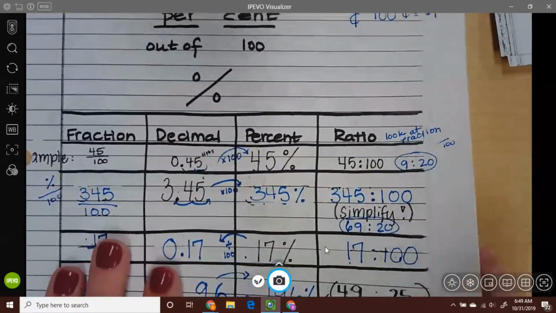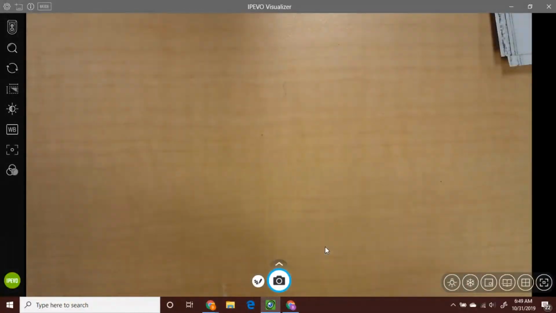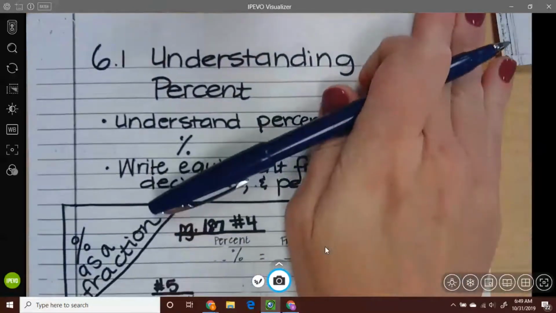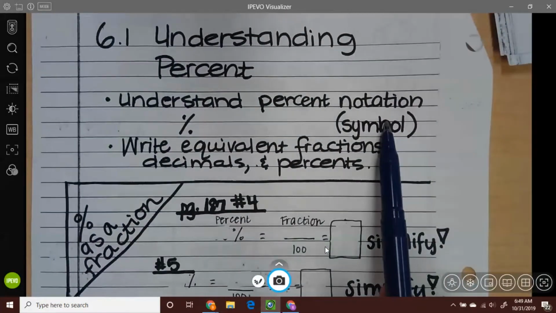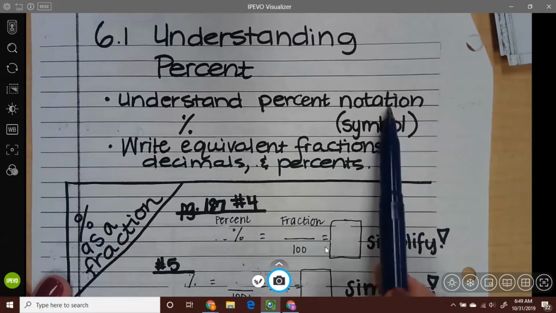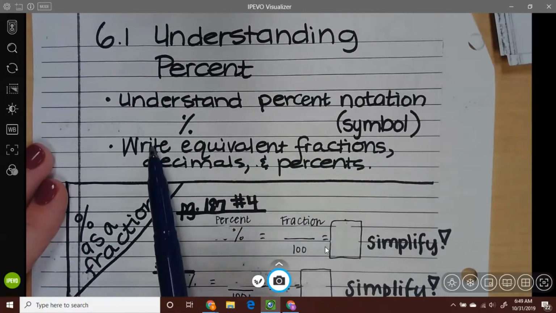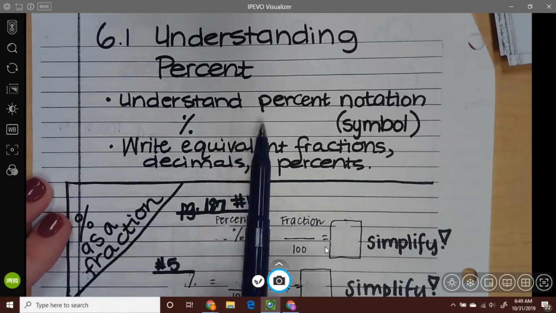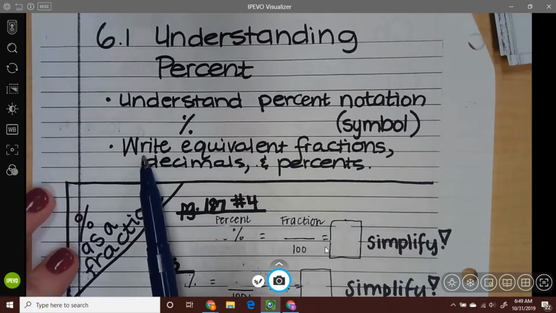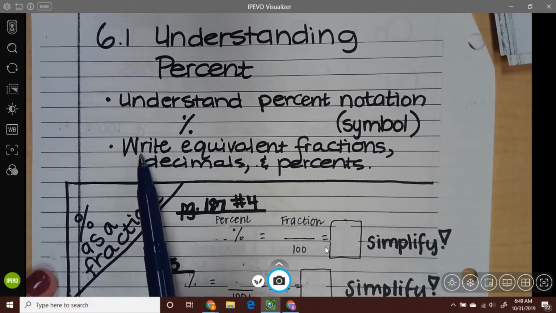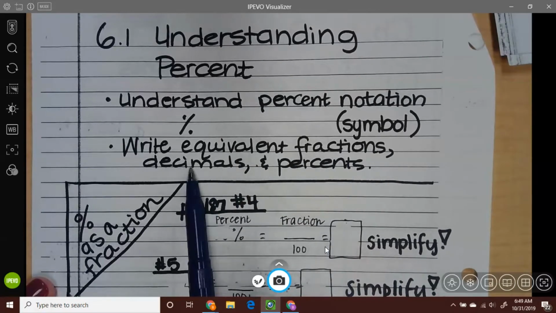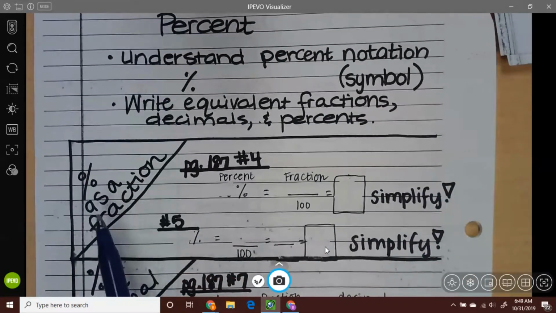Okay, and then we're just going to move on to understanding percent notations, which is percent as a symbol. That's all that means. So it's just a format rather than ratios or decimals or fractions. So we're going to write fractions and decimals as percents. Right here, this section is to take a percent as a fraction.